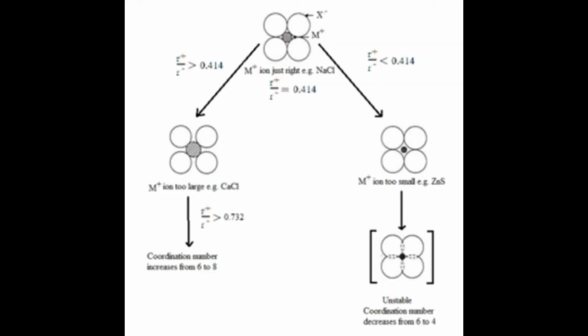Wait. Now pay attention to this representation. The figure at the top shows one cation at the center and four large anions surrounding that central cation. Actually only one cross section is represented here.